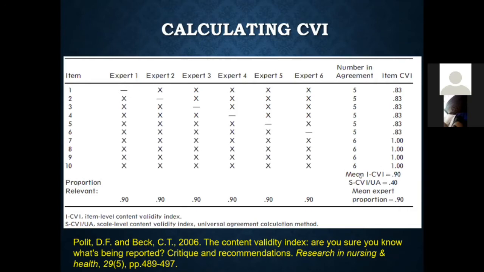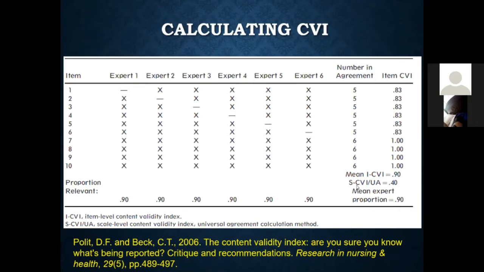So how to calculate the SCVI average, or mean I-CVI? You take the mean or average of all the item CVIs, and you will get your SCVI average.